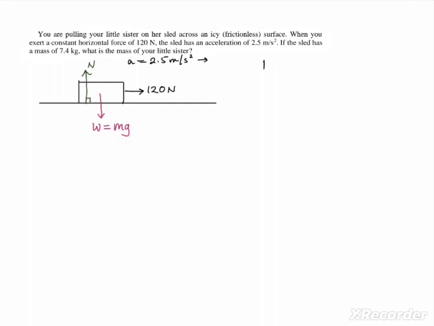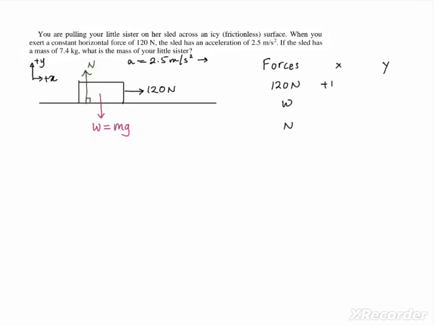Let's draw a chart. So we have forces, and we want to have x and y coordinates. So we have our 120 Newton force, and then we have our W, and then we have our normal force. So 120 newtons is only in the x direction. So if we do this, this is positive x and positive y.